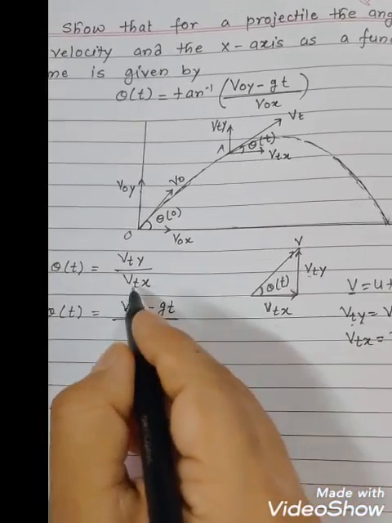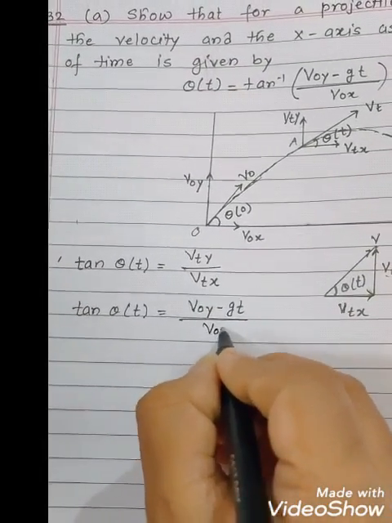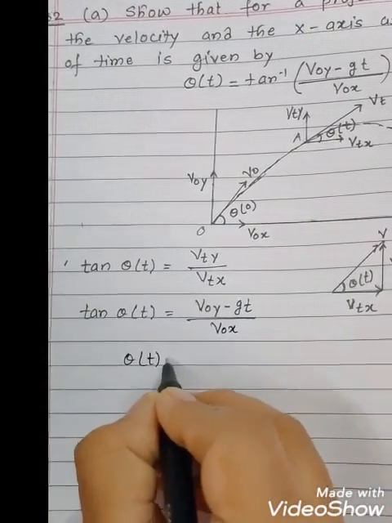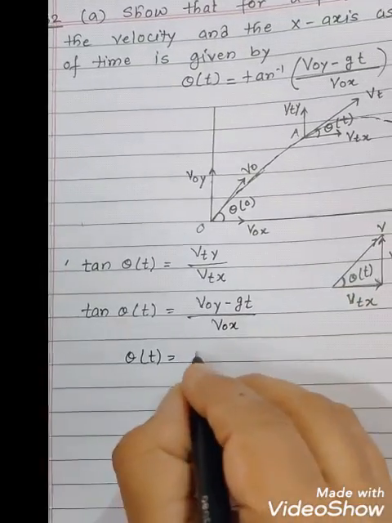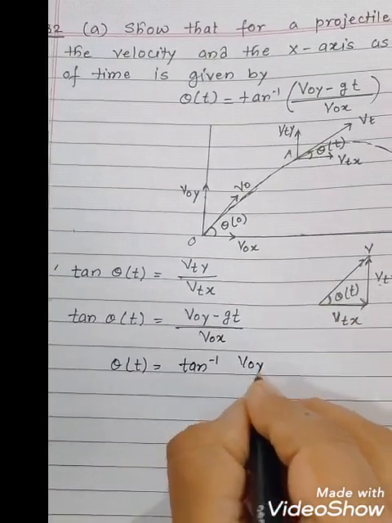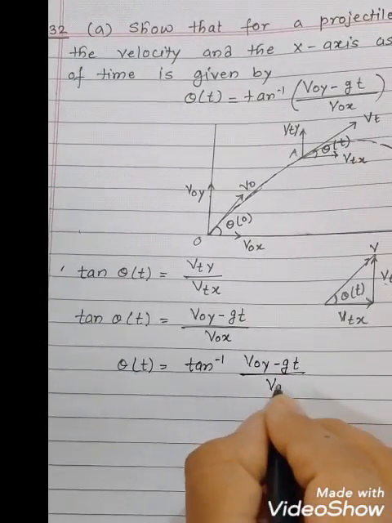So in place of vtx we can write v0x. Now you can see that this theta t and this tan we will take to that side, so it will become tan inverse of (v0y minus gt) upon v0x.